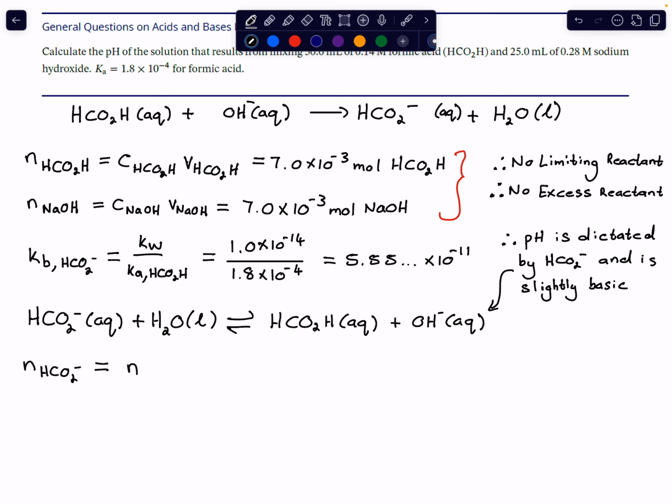And we can get that from the amount of formic acid, HCO2H, and we see it forms in a 1-to-1 relationship from our HCO2 minus. 1 mole of HCO2 minus forms from 1 mole of HCO2H, right?